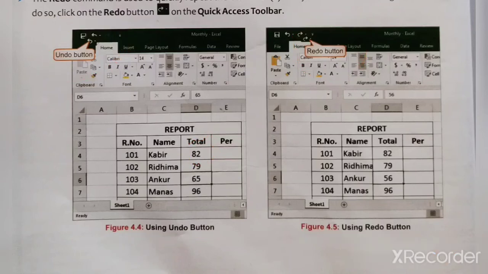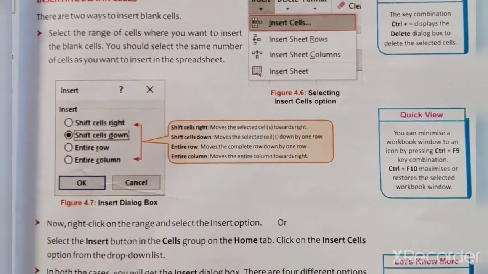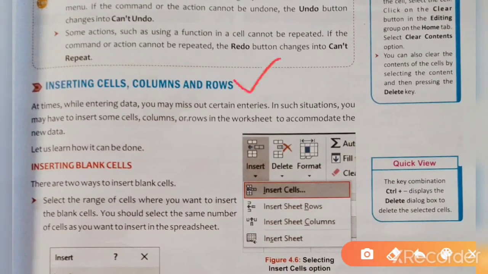So now we are going to discuss the next topic. Now you can see your book page number 43. The topic is inserting cells, columns and rows. This is also a practical topic. We will be discussing it practically. Then after inserting cells, rows, columns, we will move to the next topic on page 44.